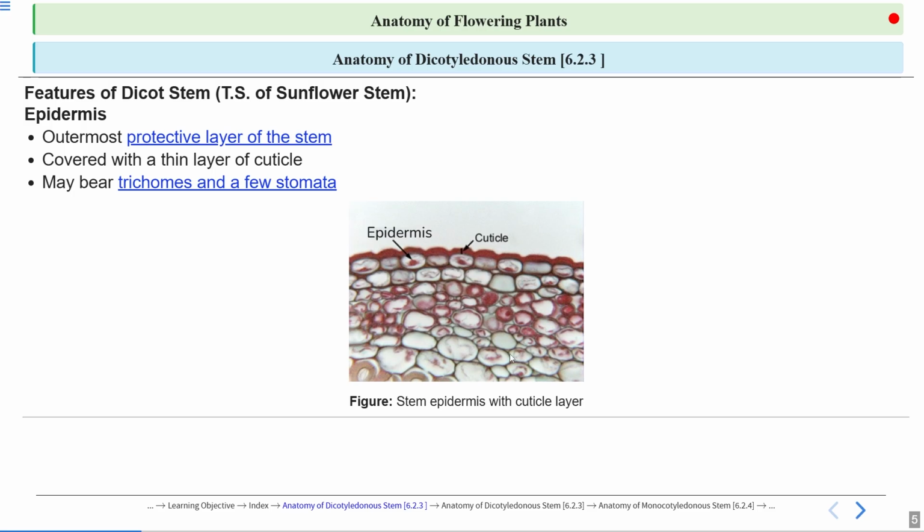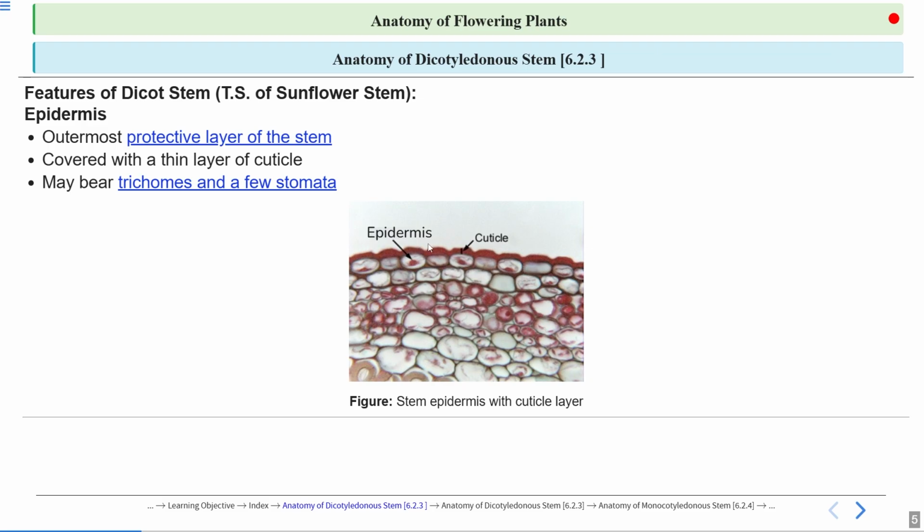So here you can see the epidermis. You can see the cells of the epidermis. This is the first layer of cells that is called the epidermis. Barrel shaped cells, right? It has a small amount of cytoplasm with a centrally placed vacuole, and the nucleus is placed at the side of it, right?